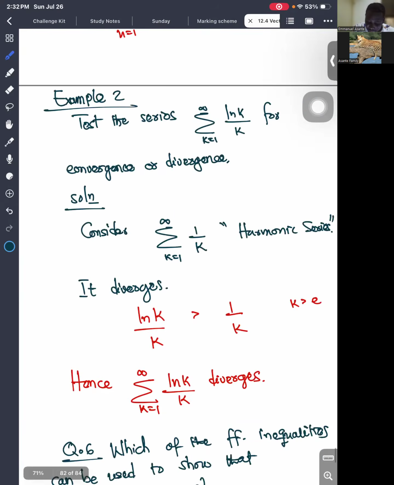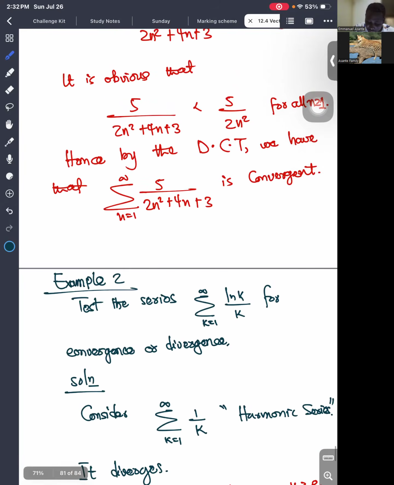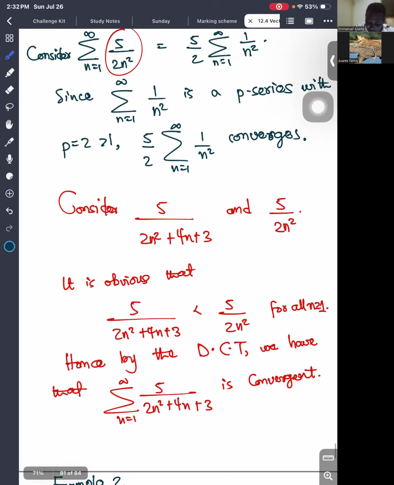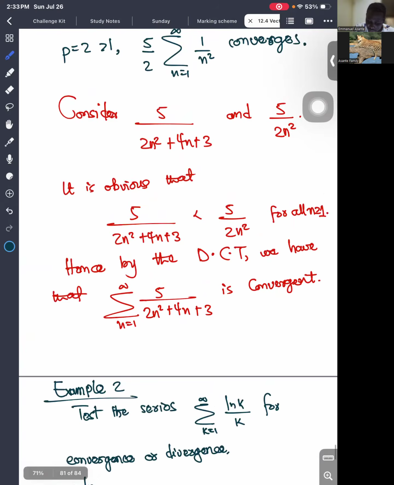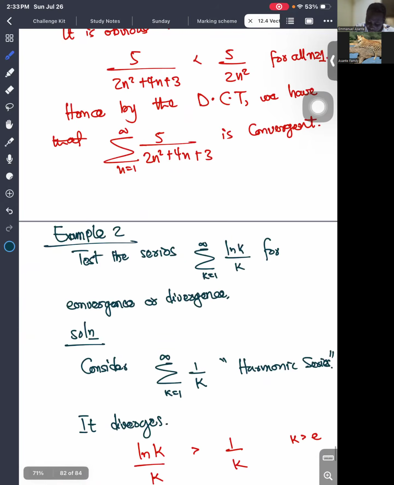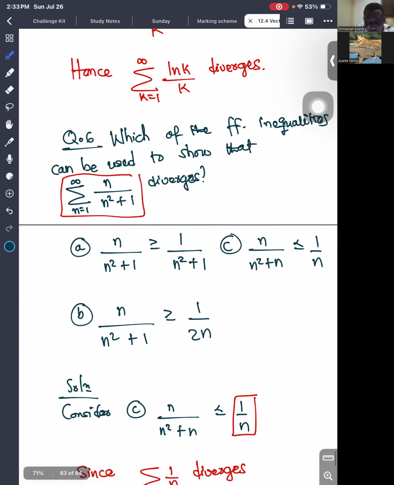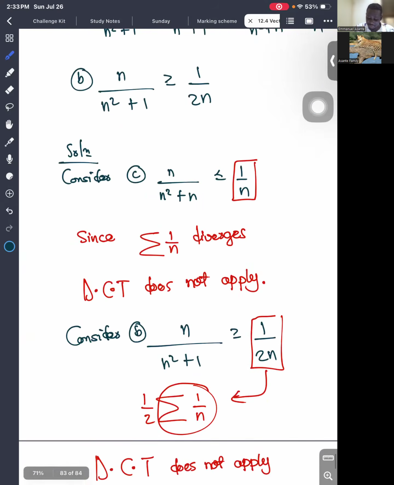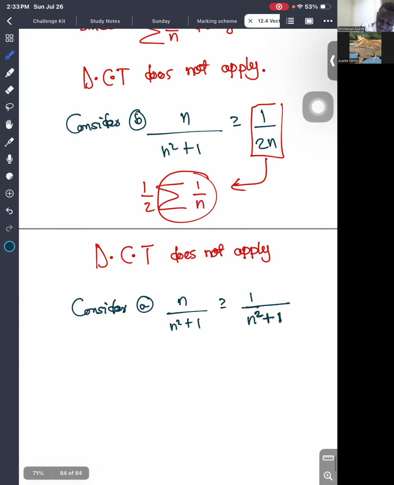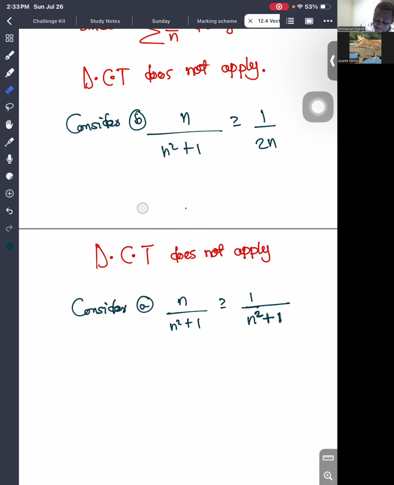Okay, I think I made a mistake with the B. So let's go back to B and then come back to A again. I only looked at the series, but never looked at the inequality. Sorry about that.